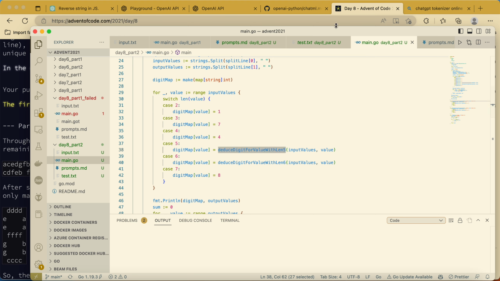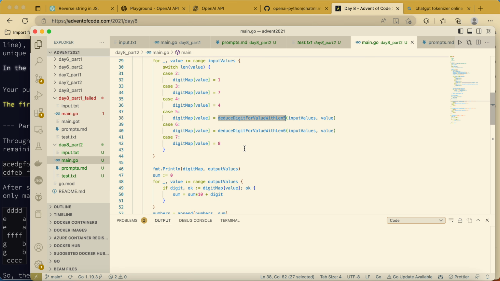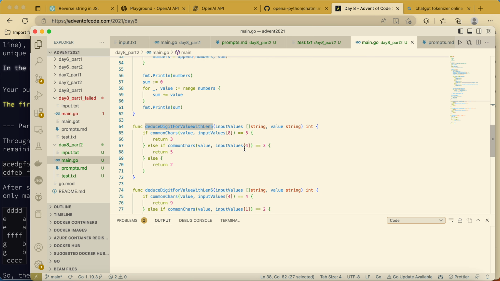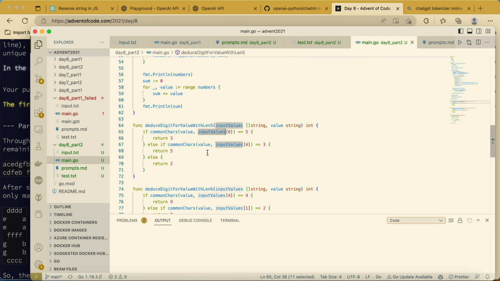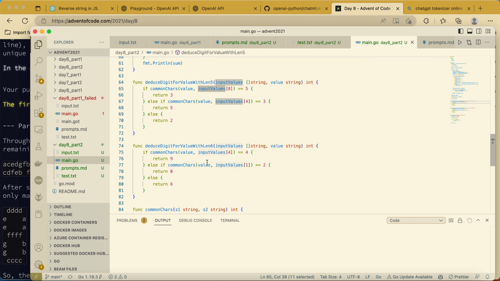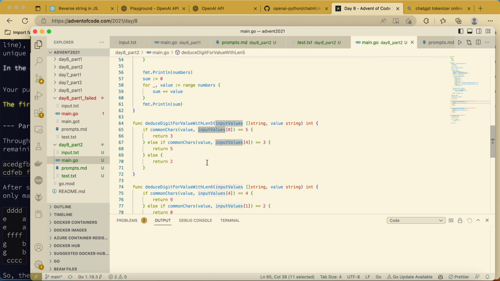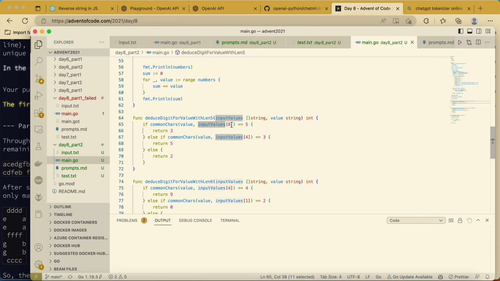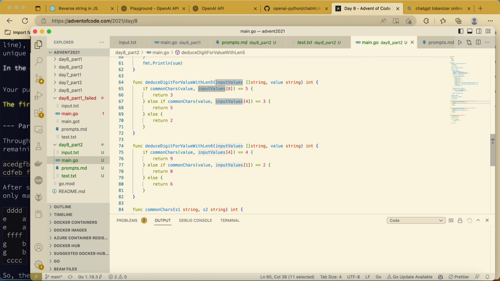Yeah, let me do that. Instead of changing this order, what I was thinking to do is simply to have a function that is finding the index by length. I'm finding these input values and using simply the index 8, 4 and so on.